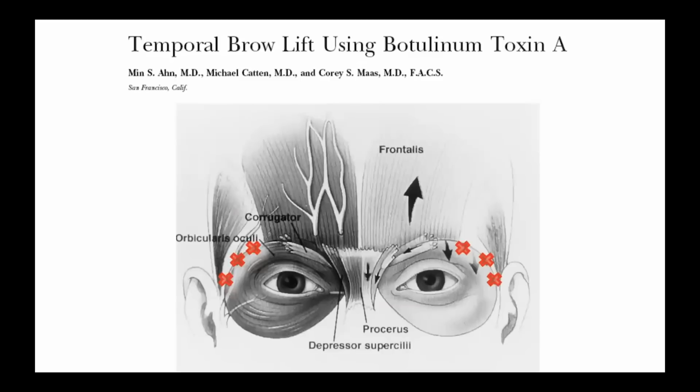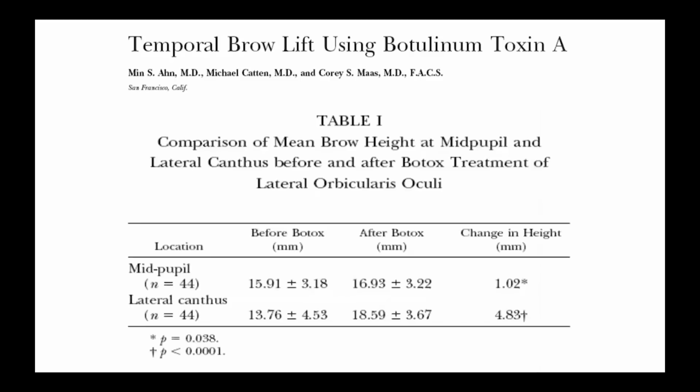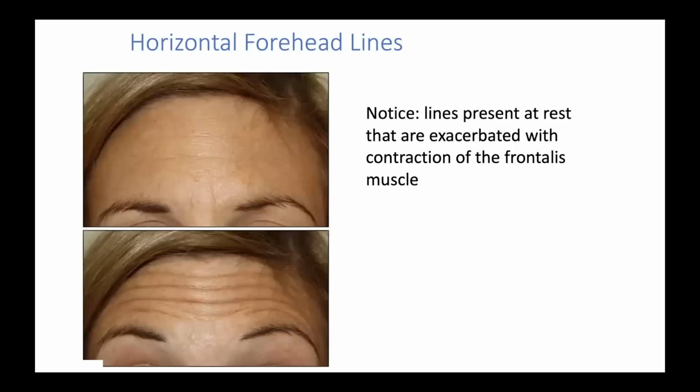This was talking about the temporal brow lift that we just talked about. And the study was done by one of our colleagues, former UCSF facial plastic surgeon, Corey Moss. Corey found that you could actually lift the eyebrow about 4 millimeters just by using Botox, especially at the lateral canthus.